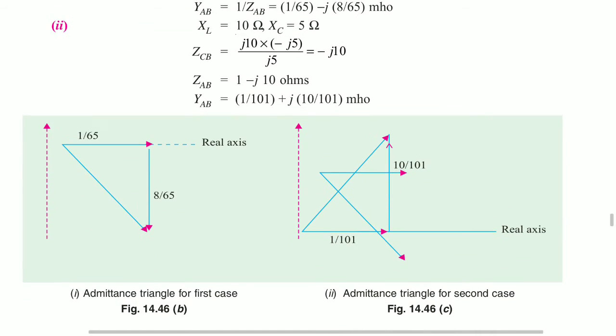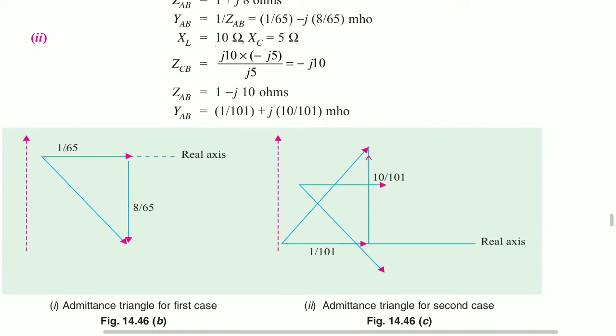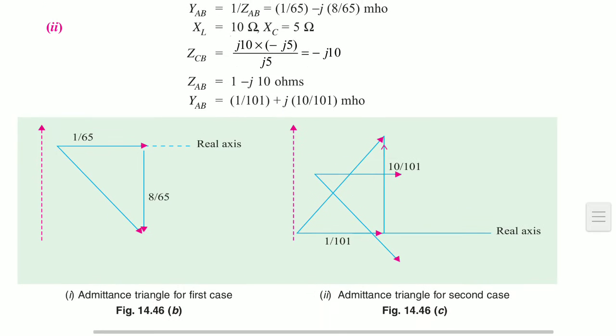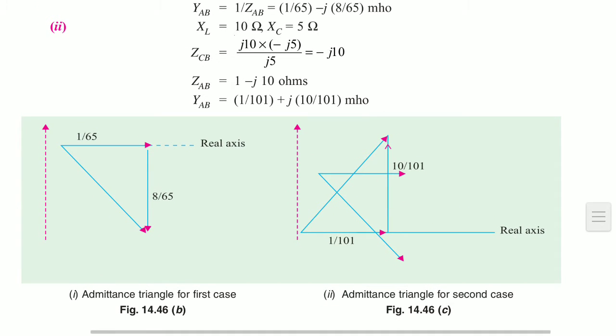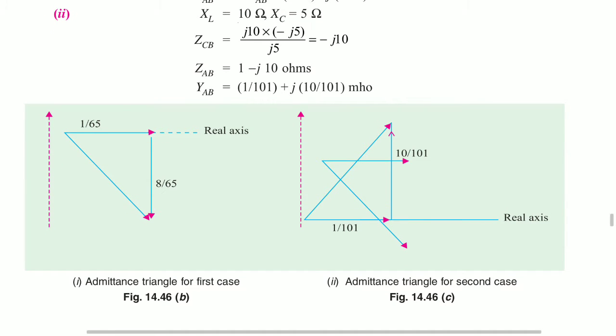So what is the triangle here? In the first case, in the admittance triangle, the conductance is on the real axis, that is the x-axis, and the susceptance is on the imaginary axis, that is the y-axis.